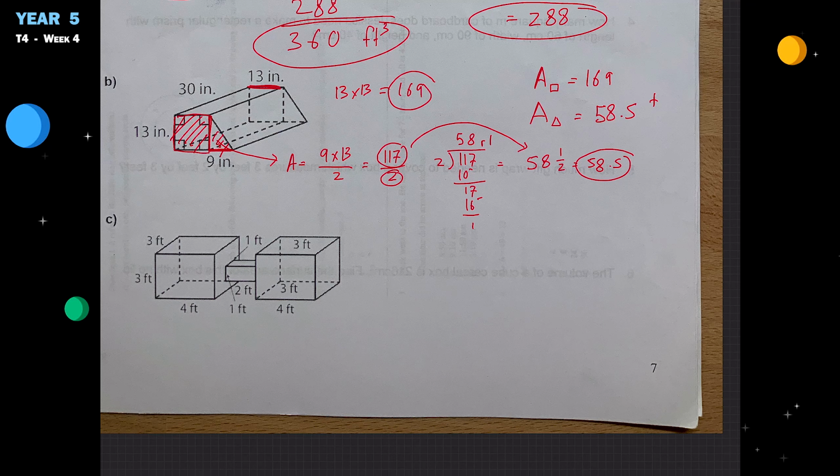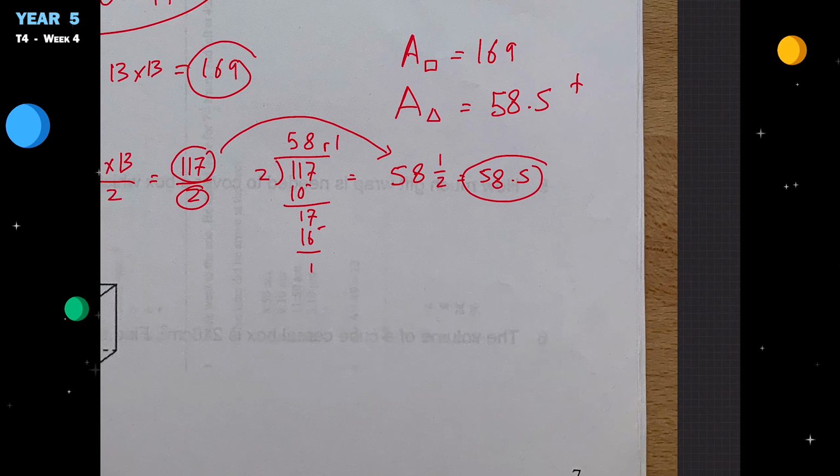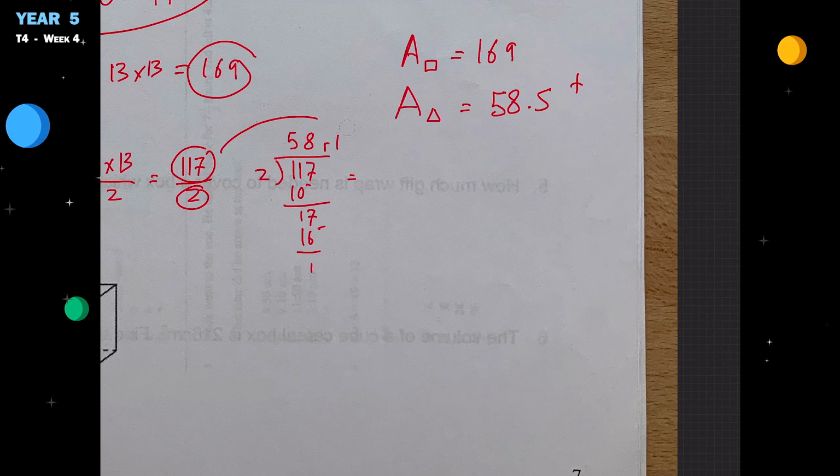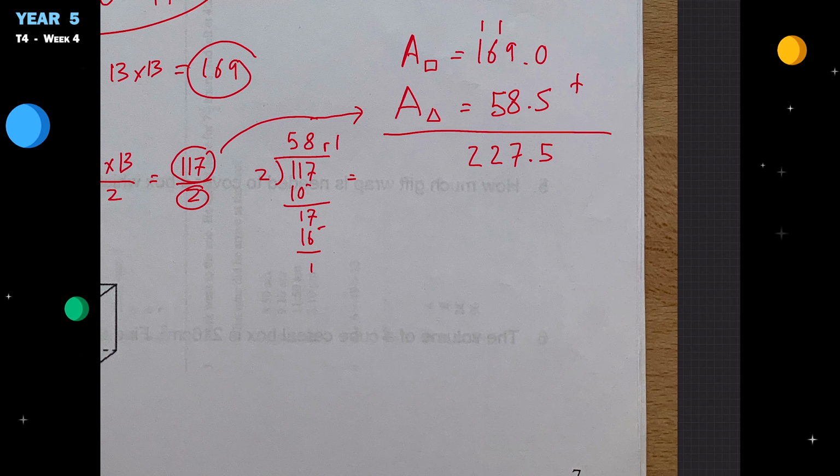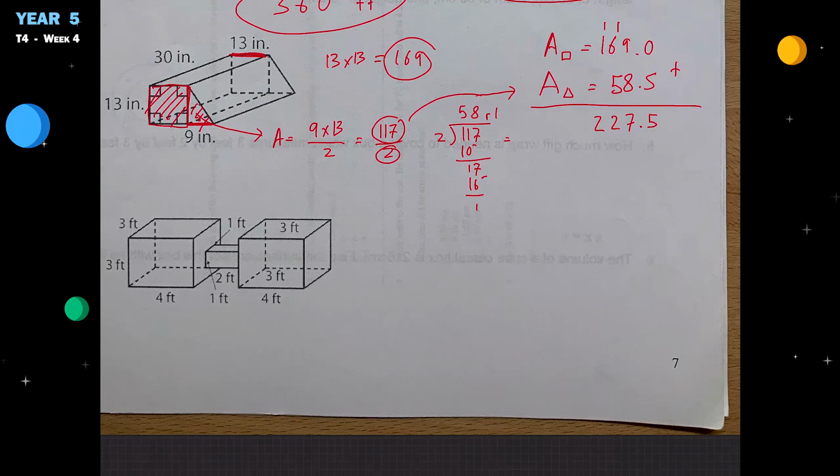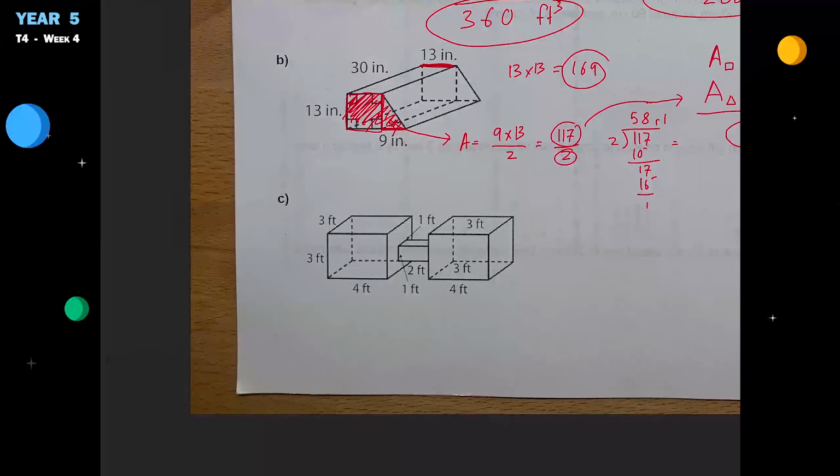The total area of these two would be, 9 plus 8 is 17, carry the 1, 7 plus 5 is 12, carry the 1, 2. So the total cross-section area is going to be 227.5, but that's just the cross-section area, you got to find the volume.